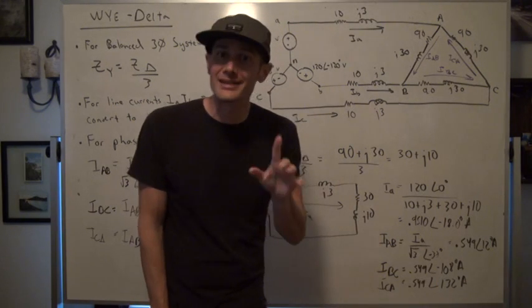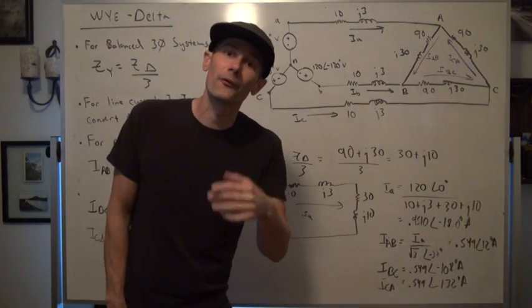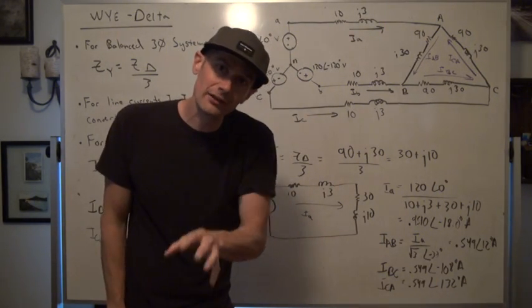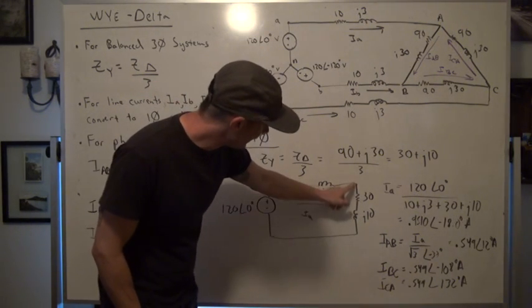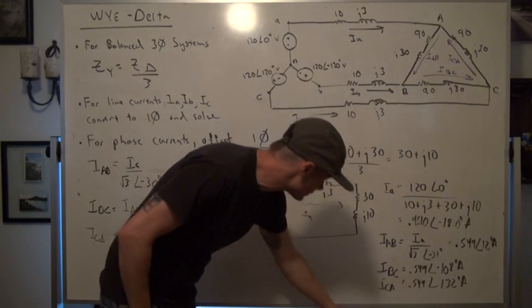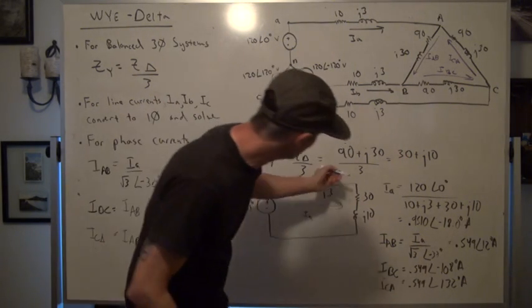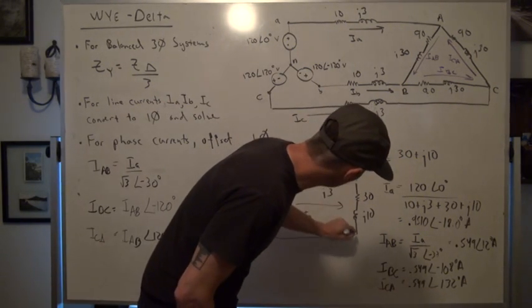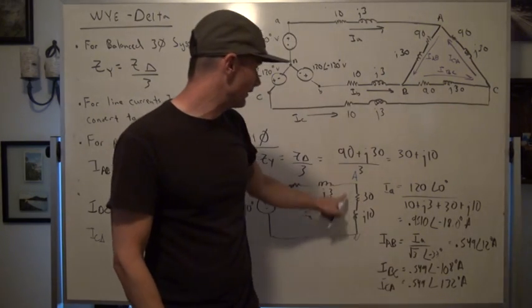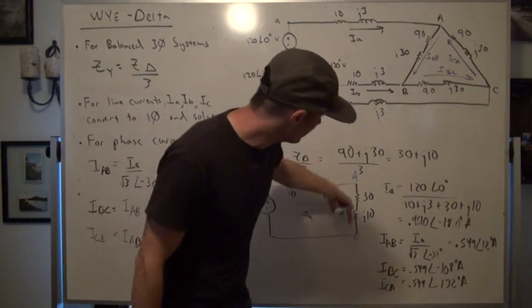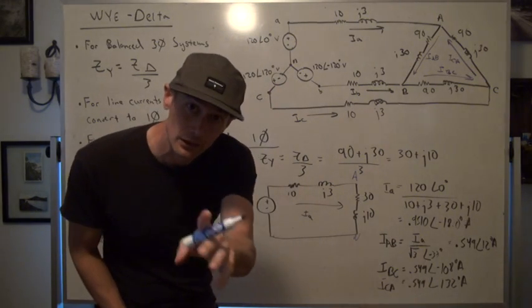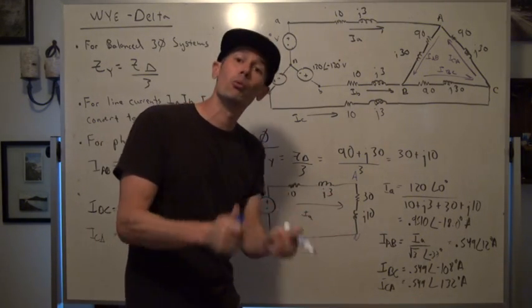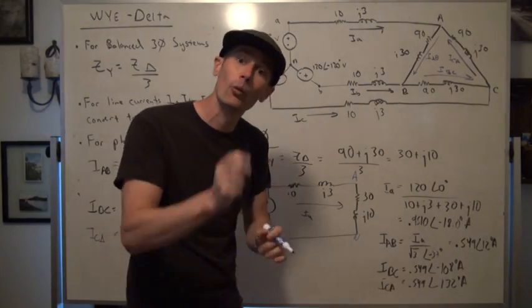How do we find the phase current that's actually in the load going from A to B? Remember, this is capital A to capital N. In fact, I should have written that up here. The current that's in the line for the conversion is the same in the converted load, A to N. But what is A to B?